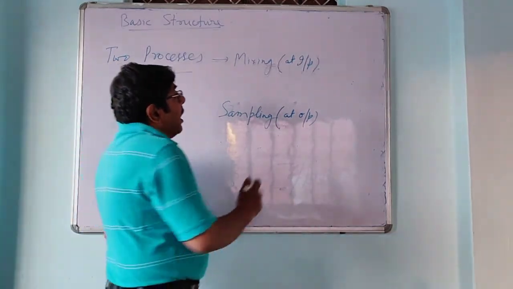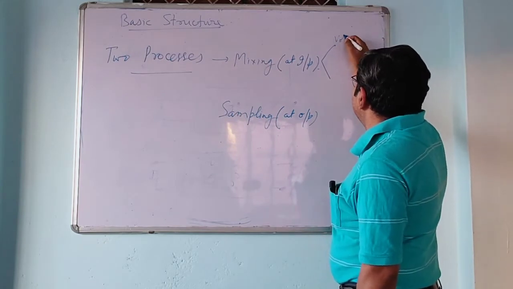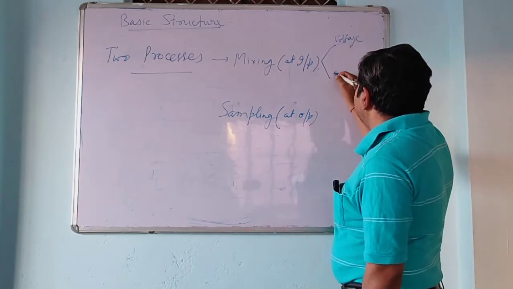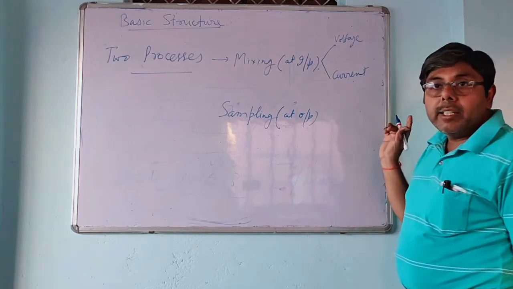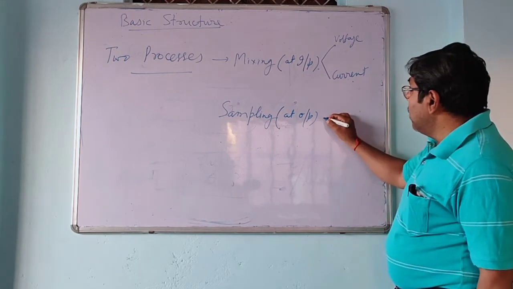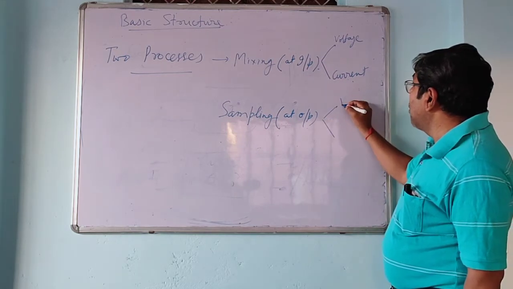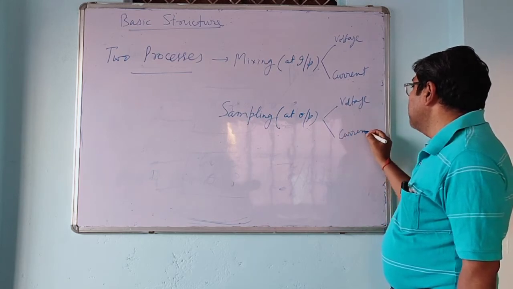So these are now mixing of voltage and mixing of current. There are two processes, either voltage or current, based on the basic amplifiers. Similarly, sampling, either of voltage or of current.